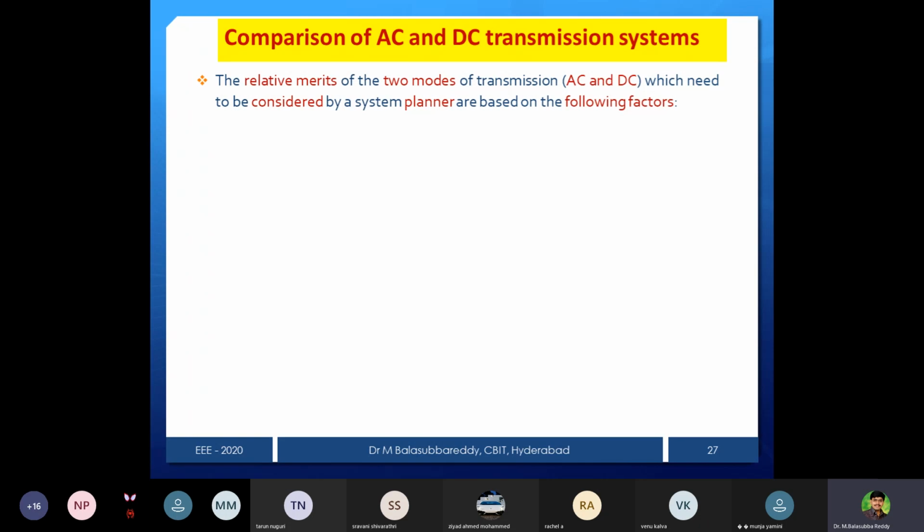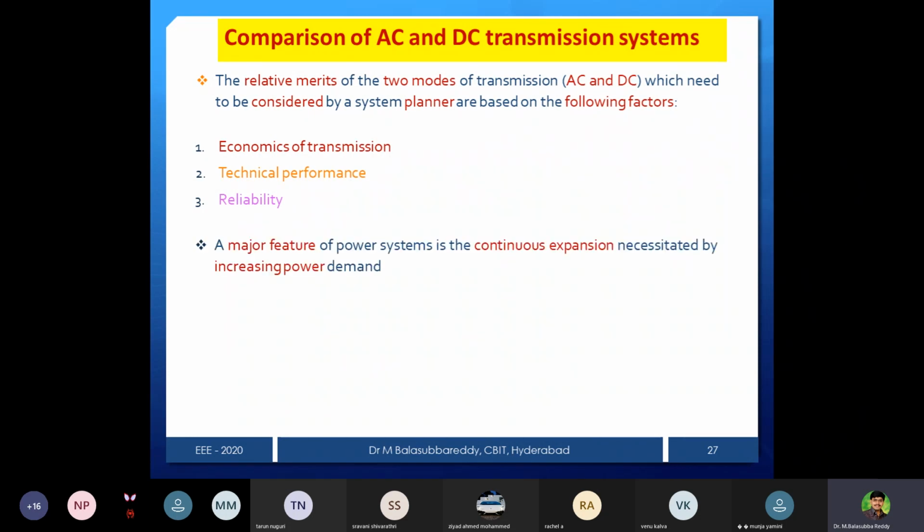The merits of the two modes of transmission, AC and DC, need to be considered by a system planner based on these three main parameters, and you can conclude which one is preferable: economics of transmission, technical performance and reliability.